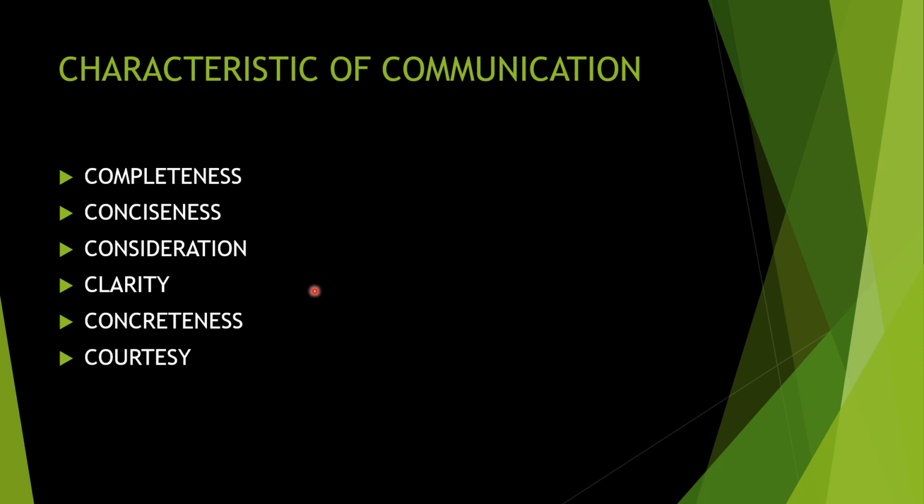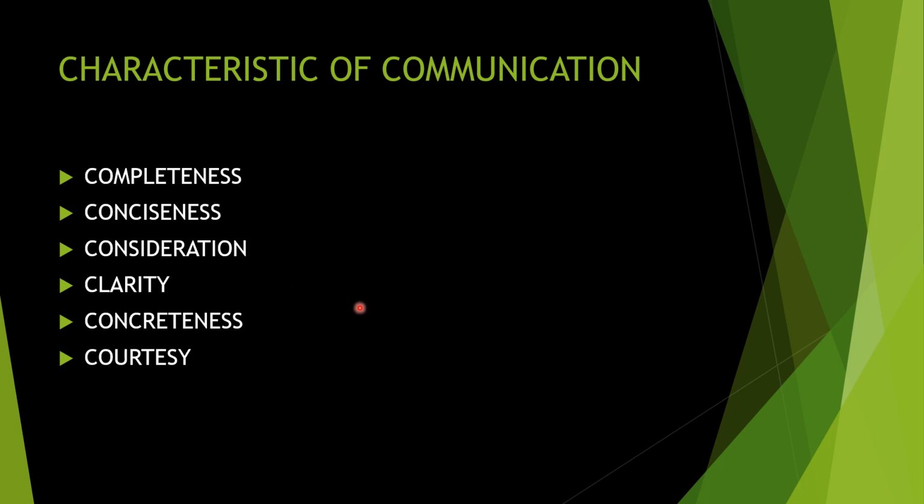So we can start the C's first of all. Starting with C. First one is completeness. That means the fulfillness. Conciseness. That means it may be short and clear. Then consideration. What is consideration means? Should give a preference. Then clarity. What is clarity?